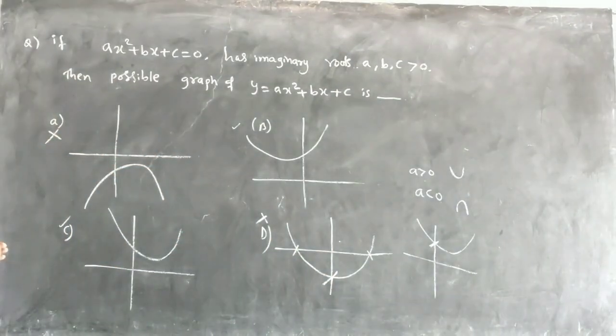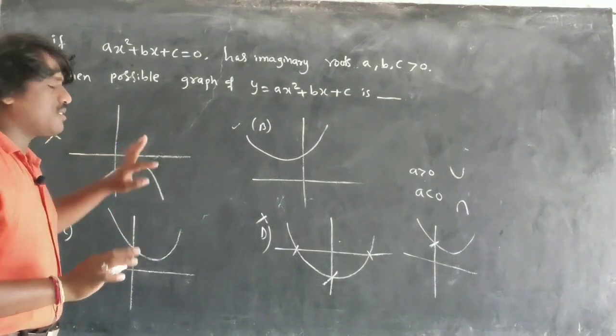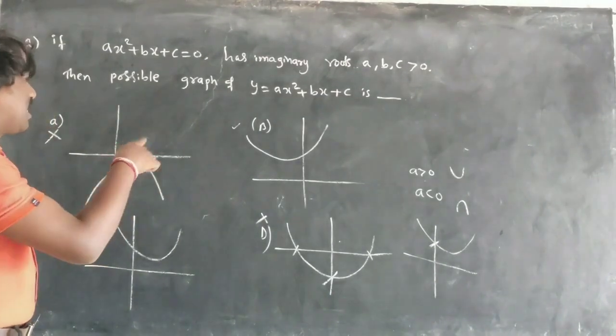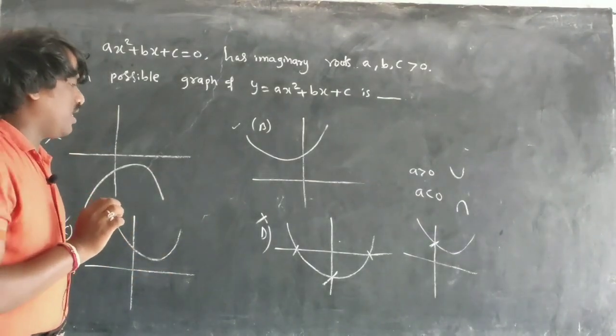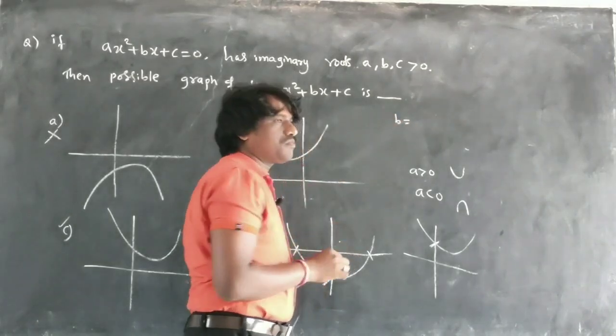Now two options are wrong. From the remaining ones I have to identify which one is correct, because JEE Mains asks only one correct answer. So now I have to check for B.